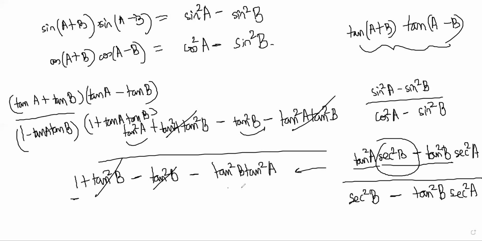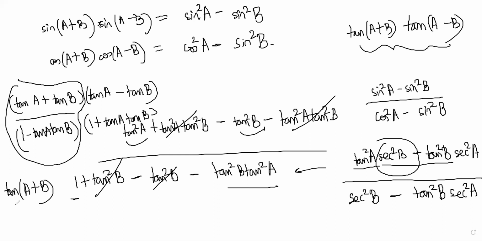So notice that this is the formula of tan of A plus B, tan A plus tan B by 1 minus tan A tan B. And this is the formula for tan of A minus B, this one, right?